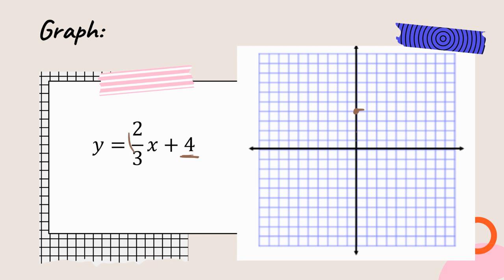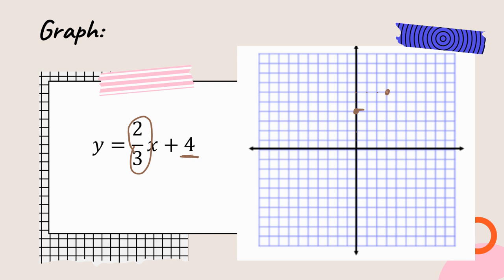Okay, so notice that this is positive 2/3, meaning that the top is the rise and the bottom is the run. So we're going to go up 2 and we're going to go over 3. But I'm going to do that from my point. So I'm going to go up 2 and I'm going to go 1, 2, 3 to the right. If it was negative, I would have gone down 2 and 3 to the right.